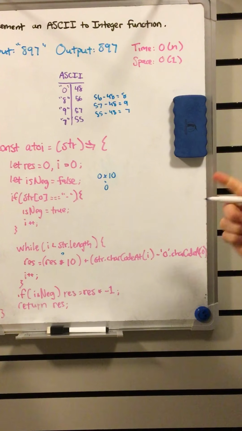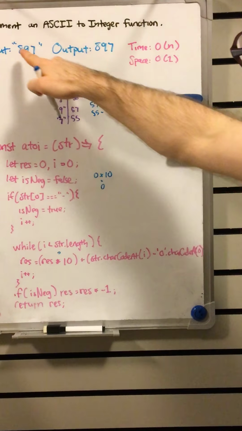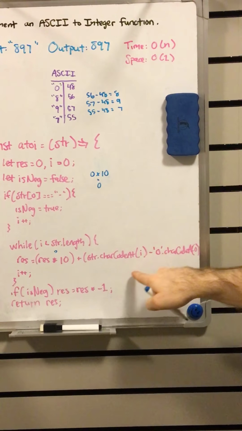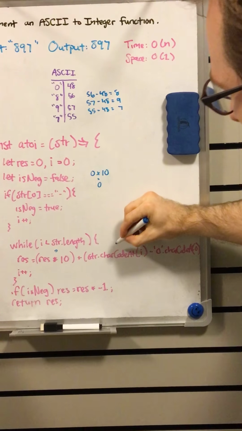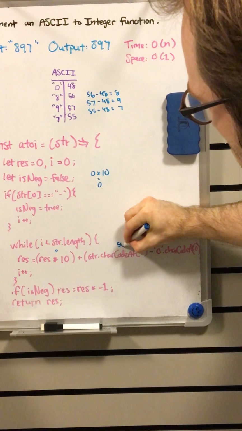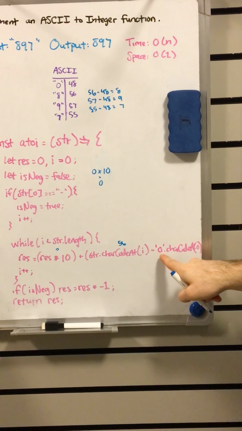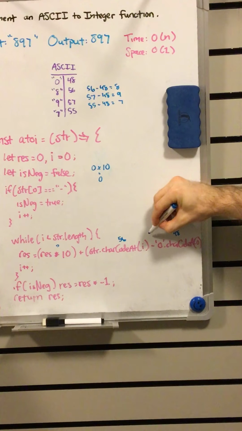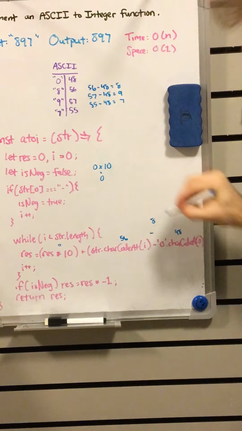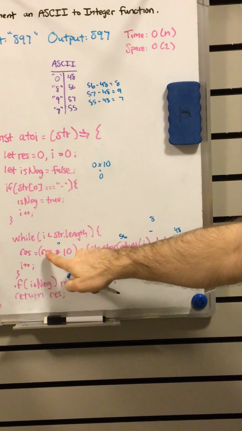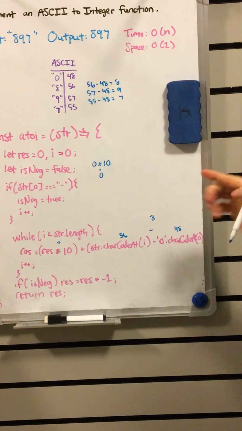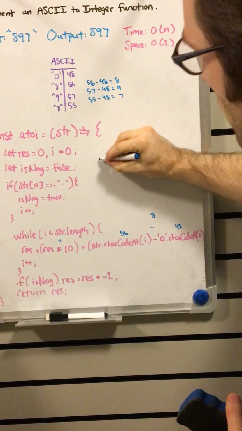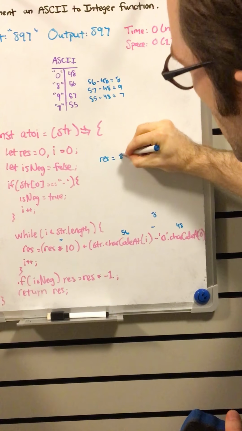The index will point to the letter in the string, so the 0th position will give us 8. We get the ASCII value of that, which is 56. We get the ASCII value of 0 here, that gives us 48. We subtract that, we get 8. 0 plus 8 equals our new res. So res after the first go around is 8.